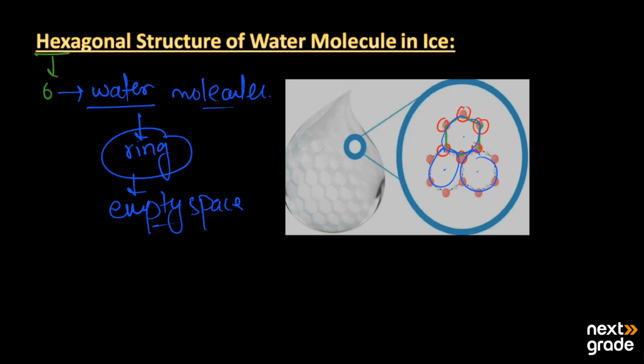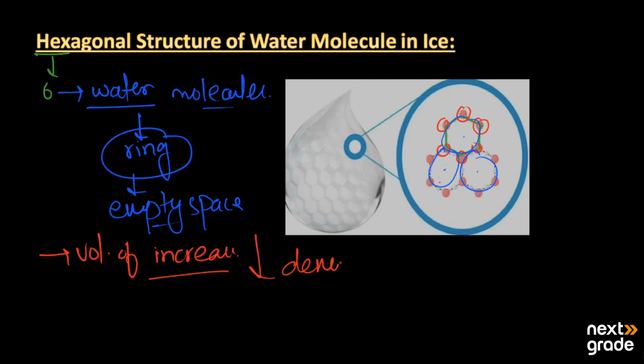As a result of these empty spaces, the volume of the ice particles increases, and when the volume increases, the density, being inversely proportional to the volume, starts to decrease. Because the simple formula of density is the mass to volume ratio.